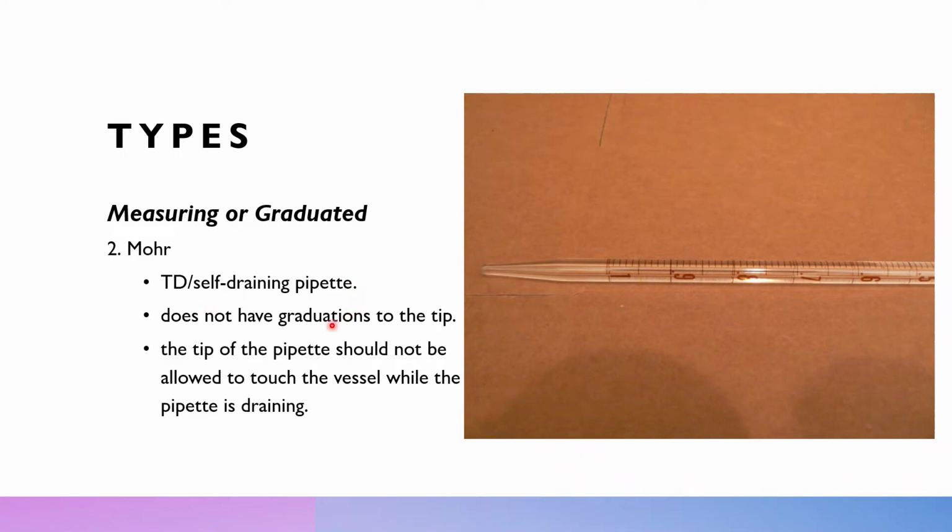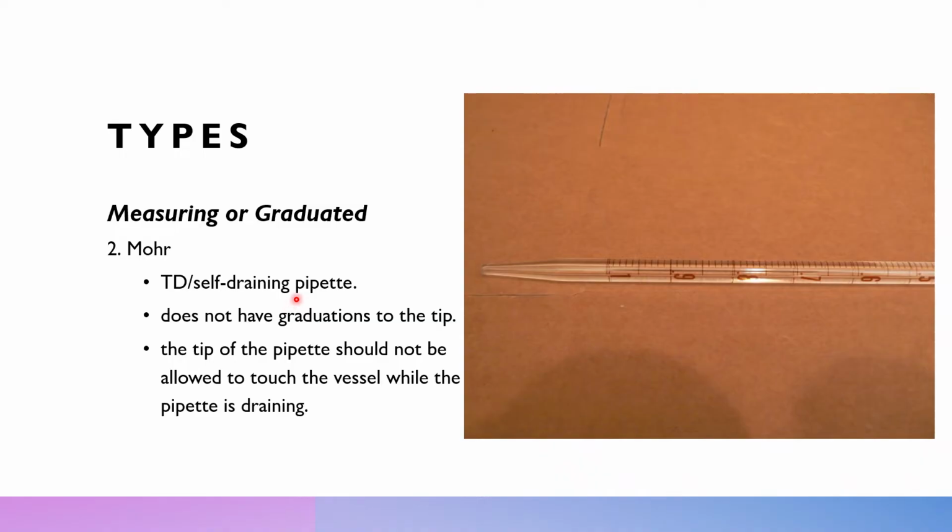As I have said a while ago, while you're draining the fluid to the receiving vessel, you keep the tip in contact with the vessel until all the fluids are drained. So measuring or graduated type of pipette, its design is to deliver, and its draining characteristic is self-draining.